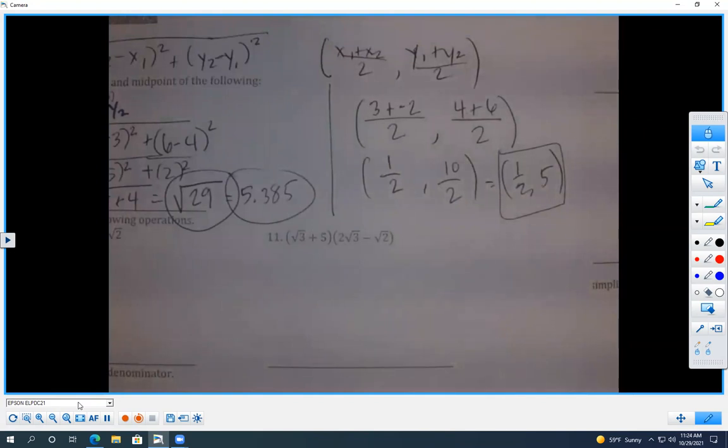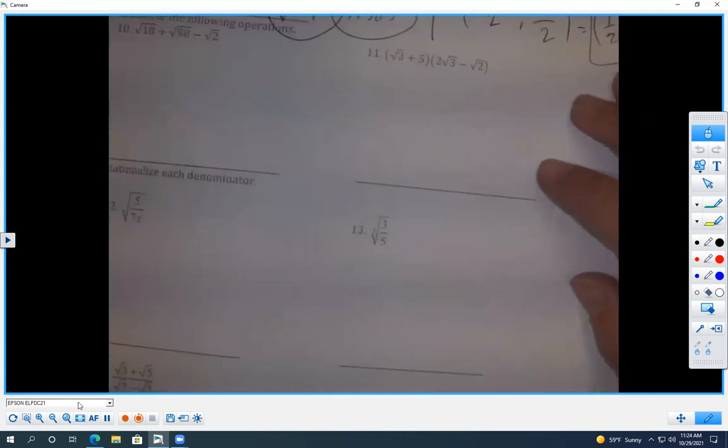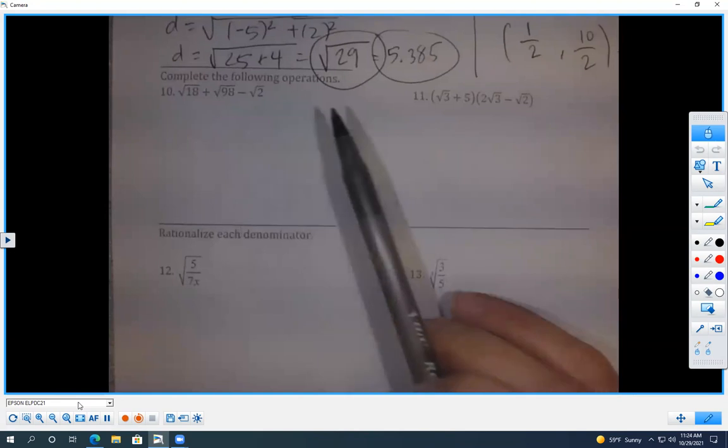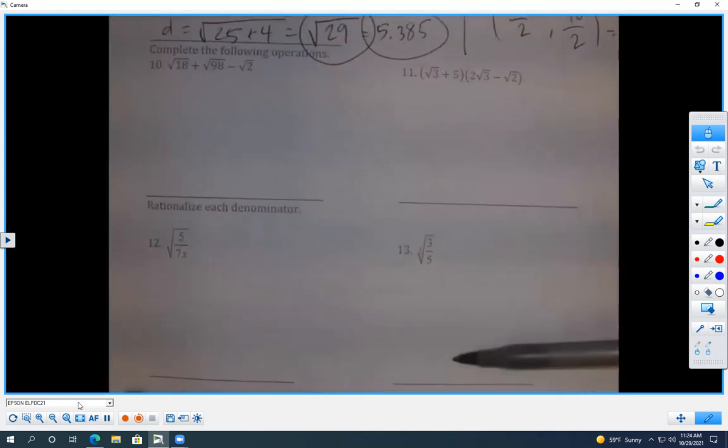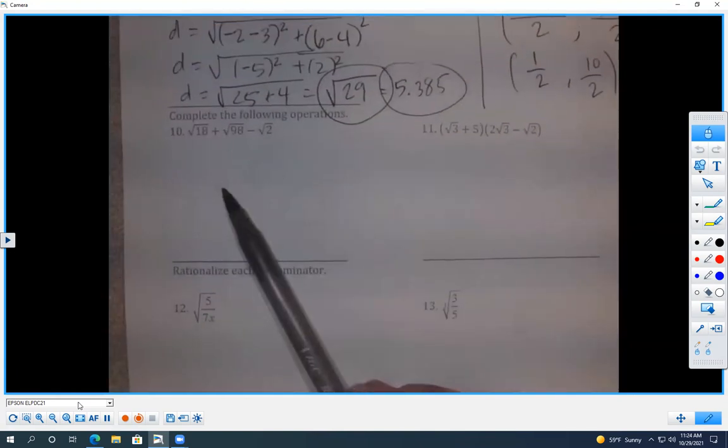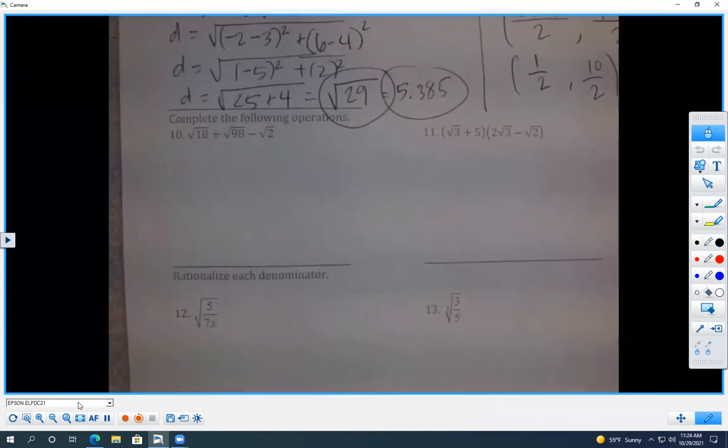Okay, and then the last thing is all the radical stuff. So add, subtract, multiply, and then down here is all the divide stuff. Adding and subtracting, remember your root has to be the same, and then you add or subtract the numbers in front. On problem number 10, are my roots the same? No. Can I make them the same? By simplifying them.